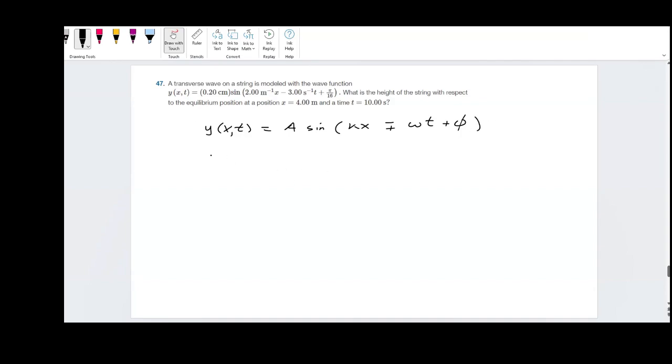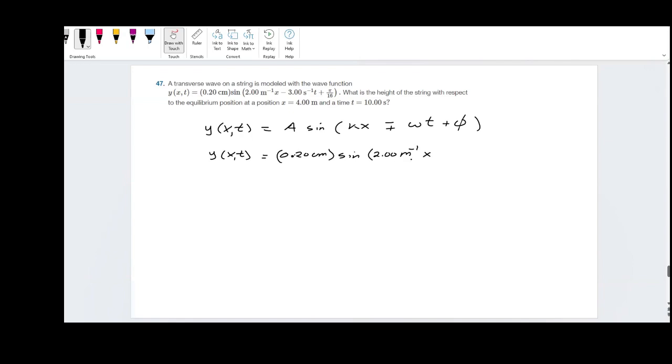Now, what is the equation they give us? The equation they give us is this: y of x comma t is equal to 0.20 centimeters. What is that? The amplitude, the sine of 2.00 meters to the -1 times x. What is this 2.00 meters to the -1?